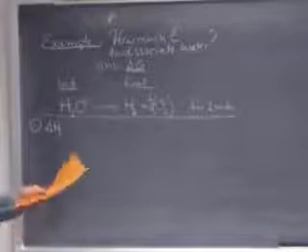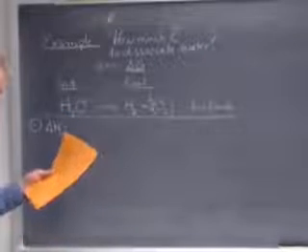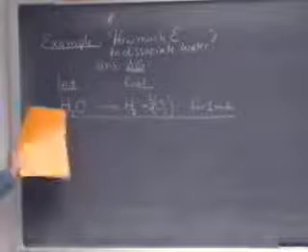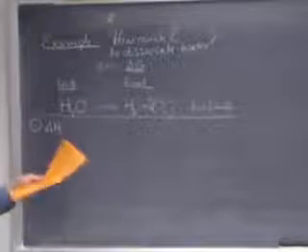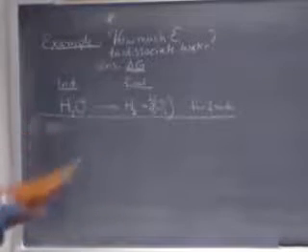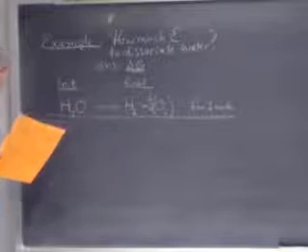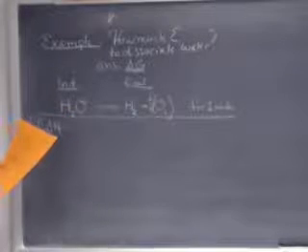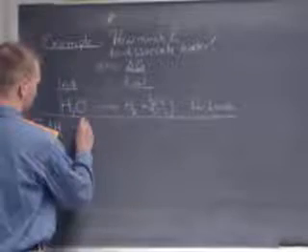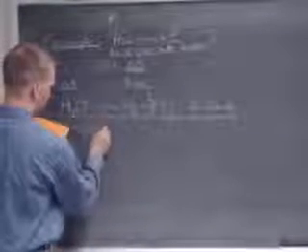You look in the back of the book, in the table, and you'll find the enthalpy for H2O in liquid form is what? And what are the units? Kilojoules. All right, kilojoules and implicitly per mole.